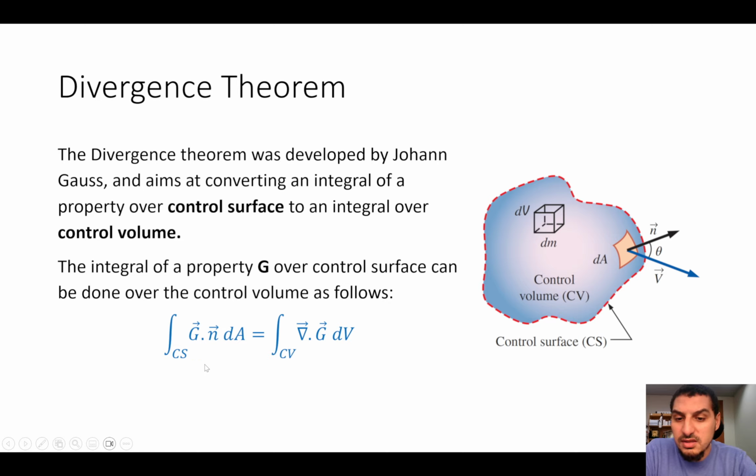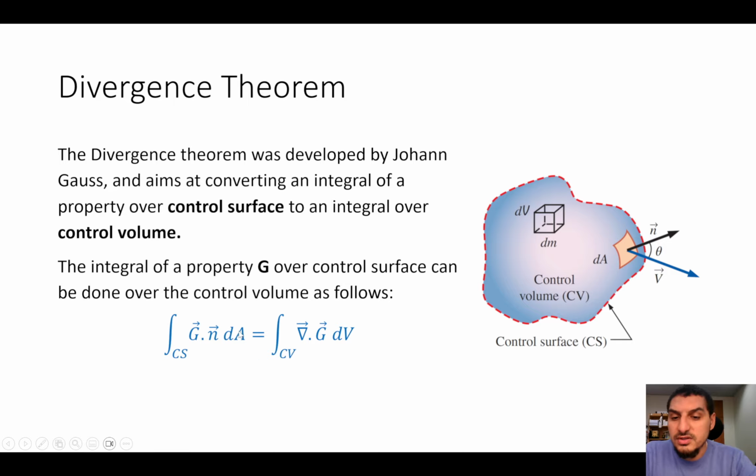It's converting the area integral. If we have a parameter g, let's say this g is velocity or any other parameter, it's an integration of g dot n, where n is the normal vector to the cross-section area. So this is the integral of g dot n dA, and it's equal to the integral of del dot g dV.